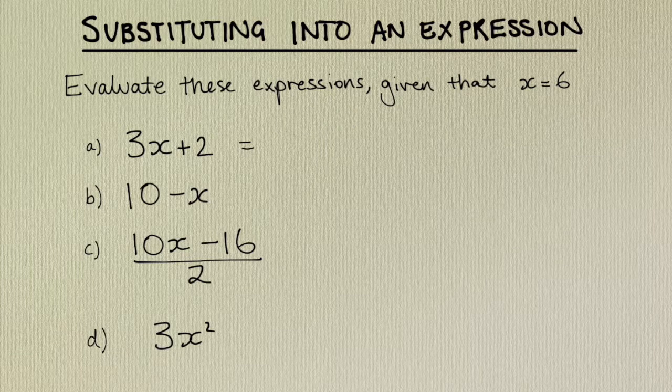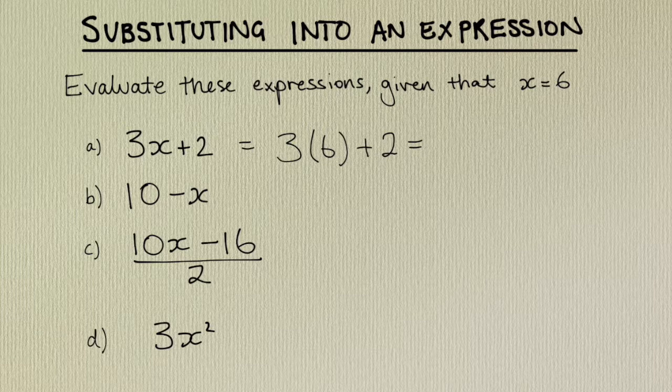You need to pretend like you're writing out the expression again, but when you get to x, instead of writing x, put some brackets and write 6 in those brackets.